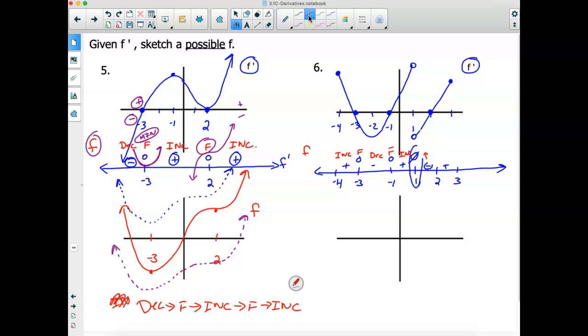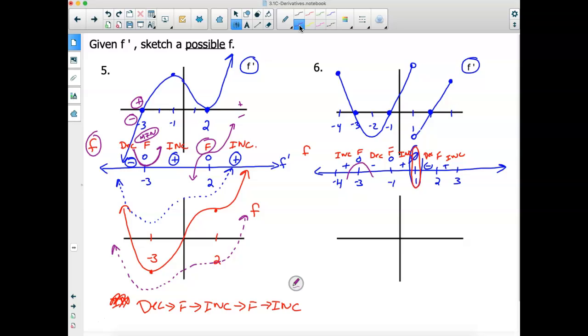So I had actually decreasing, flat, increasing. And think of it just like that, except something wonky is going on right here. I'm either not continuous, or I have a break in the graph, or I have a sharp point. Okay. Again, what does this line mean?